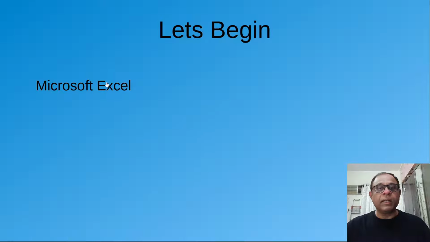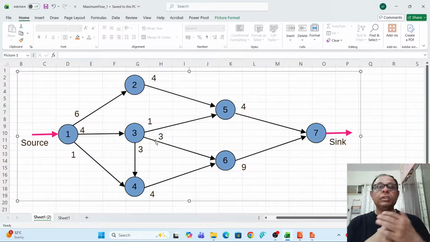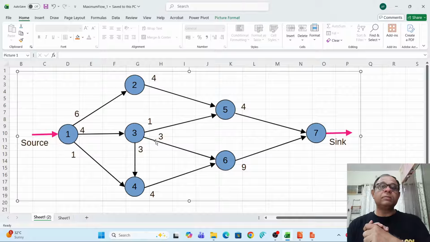So let's open our Excel sheet. The Excel sheet has been opened, let me save it once. And we have the network for reference so that we can copy down the values the way we intend. The logic behind the method I'm using in Excel, the way I'm setting up the spreadsheet, has already been discussed.